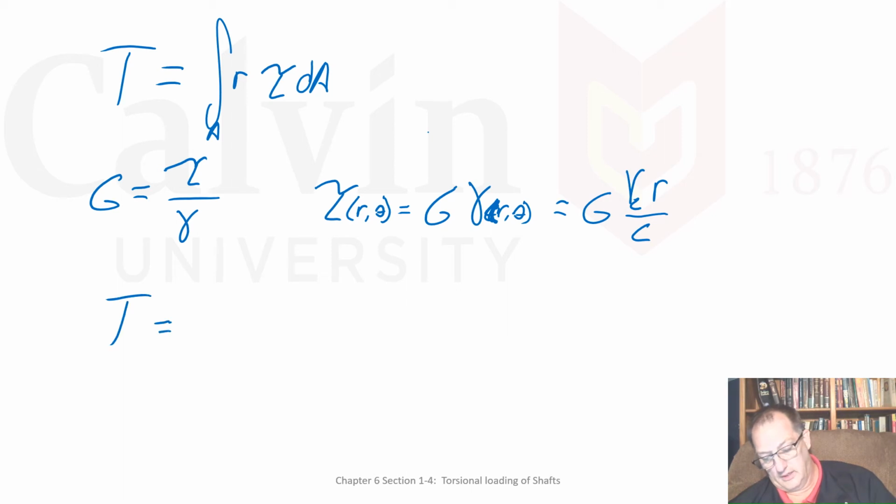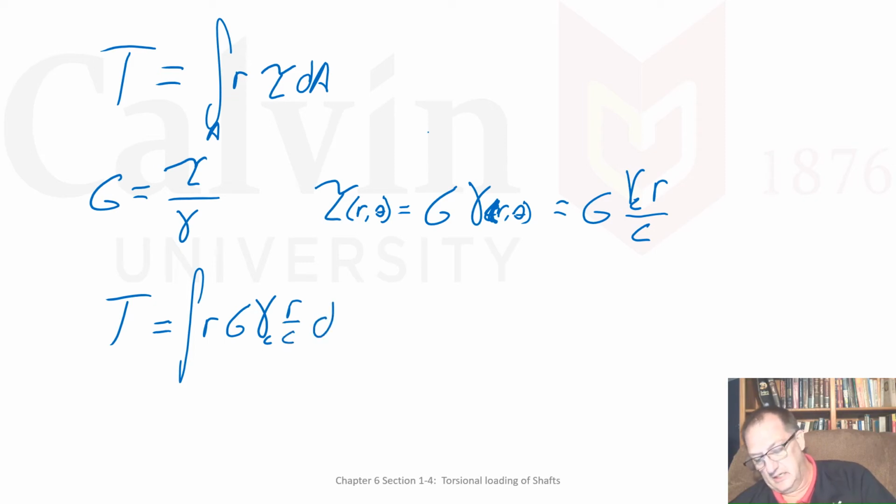Torque is equal to the integral of radius G gamma at the extreme fiber C times R over C dA.